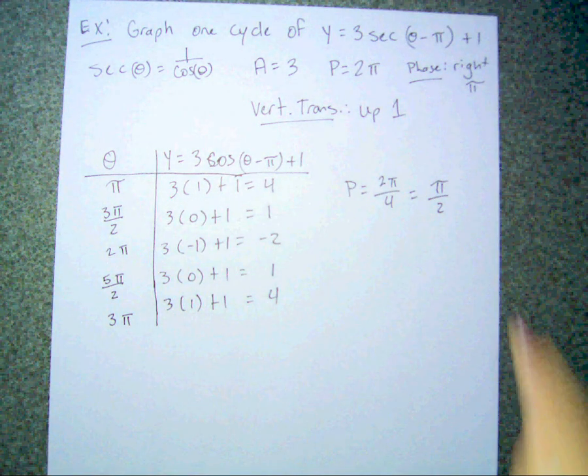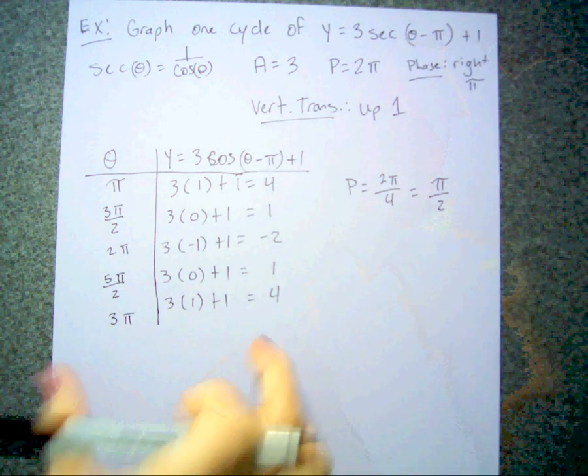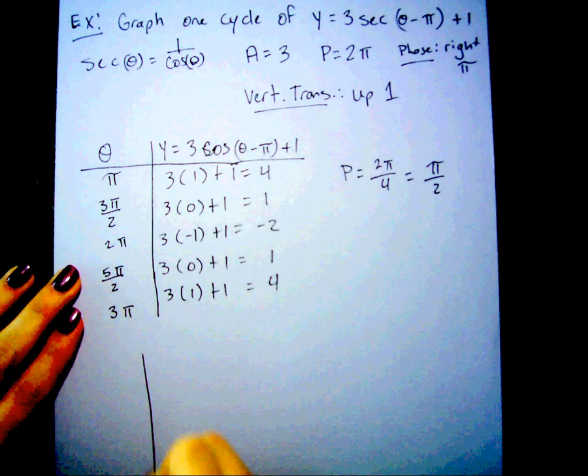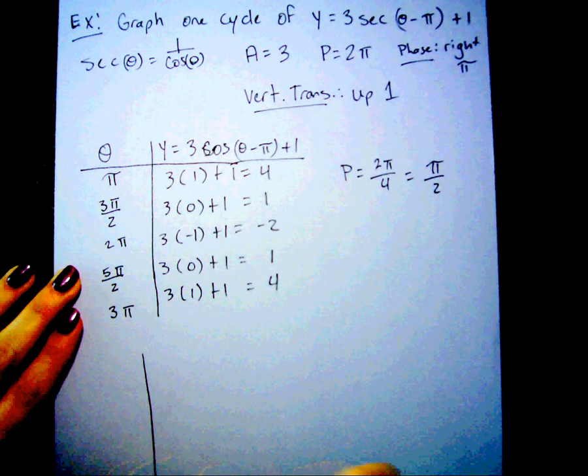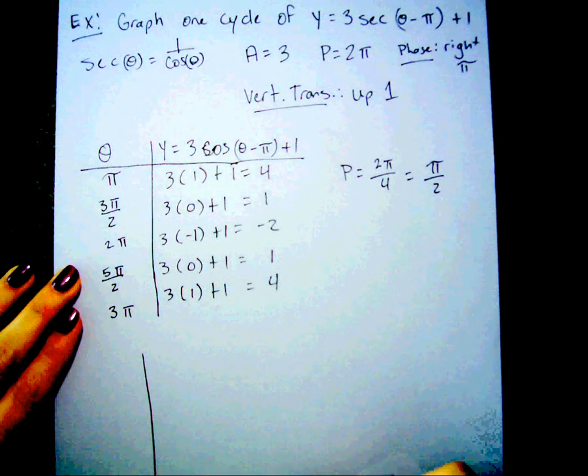So remember, I am trying to graph secant, so I'm just going to plot these points on the graph. So I have pi, 3 pi over 2, 2 pi, 5 pi over 2, and 3 pi.